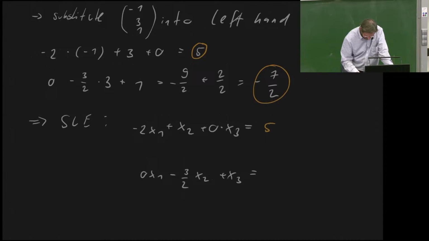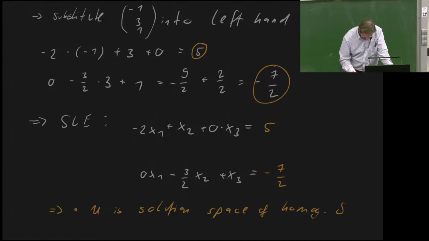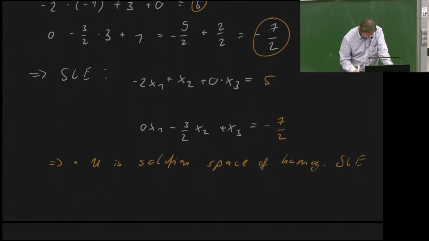So we set a 5 here and minus 7 over 2 here. And then what we get is U is the solution space, I should write that, is the solution space of the homogeneous system of linear equations.